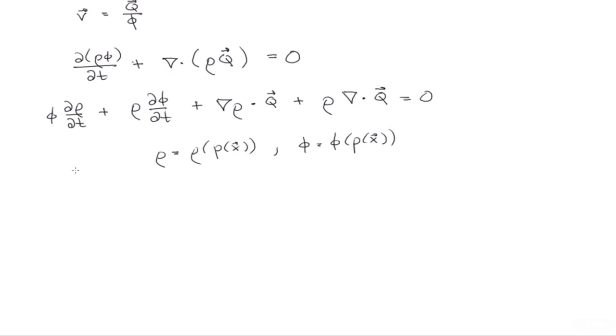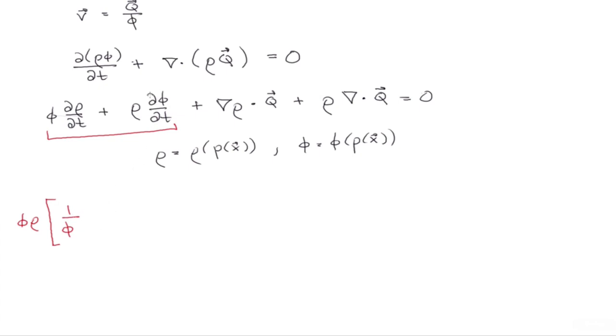Okay, so the first thing I'm going to do on this first term here is I'm going to factor out the rho phi. So if I factor out a phi rho here, then what I'm left with is 1 over phi there times, and then I'm going to use the chain rule. I'm working on phi first, but it doesn't really matter.